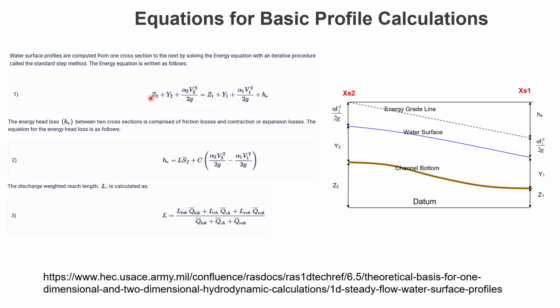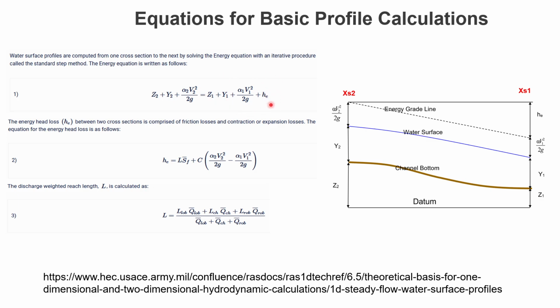So we have Z2 and Z1, and Z1 should be equal to Z2, but then we have to also account for loss. So we have Z2 plus Y2 plus alpha 2 times velocity 2 squared divided by gravitational acceleration. Then we have the same in the other direction, but then we also need to account for losses. It could be loss due to contraction that leads to water not being accounted for. The water could lose momentum or could be ponded somewhere.